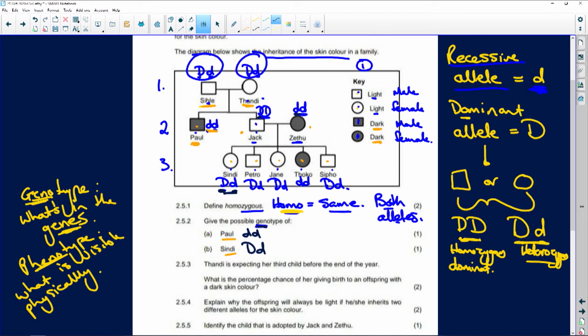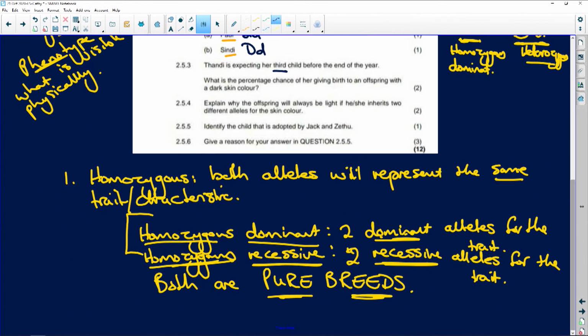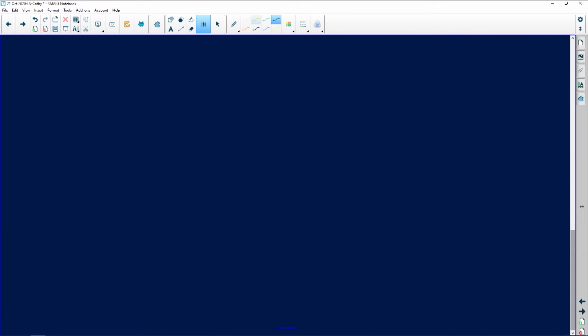So Tandi's expecting a 3rd child. Tandi and her husband Sichle are heterozygous. What is the percentage chance of giving birth to an offspring with dark skin? I can tell you now it's 25%, but I want to show you how I get the 25%. It's still the P1.